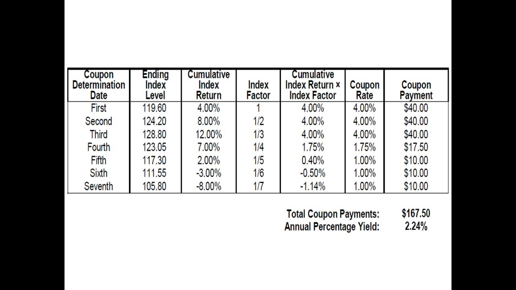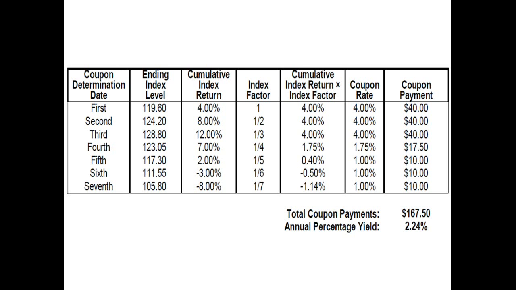We are ending the first year, so we're going to divide that return by the number of years. So 4% divided by the index factor of 1 year is 4%. So in this first year, in this hypothetical, the interest rate paid, the coupon, would be 4%.